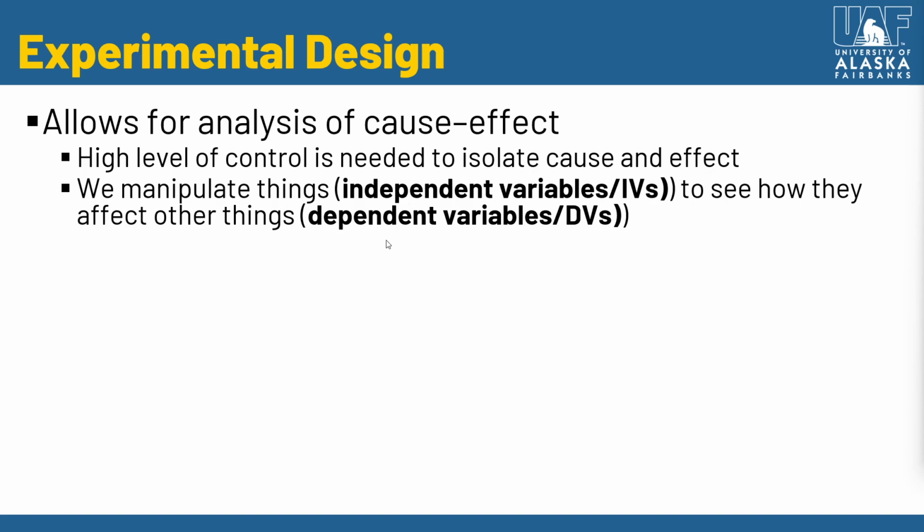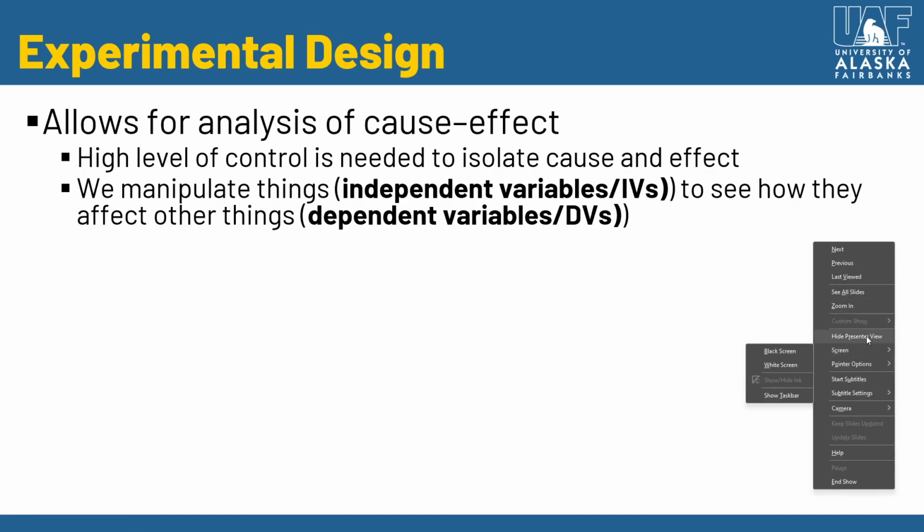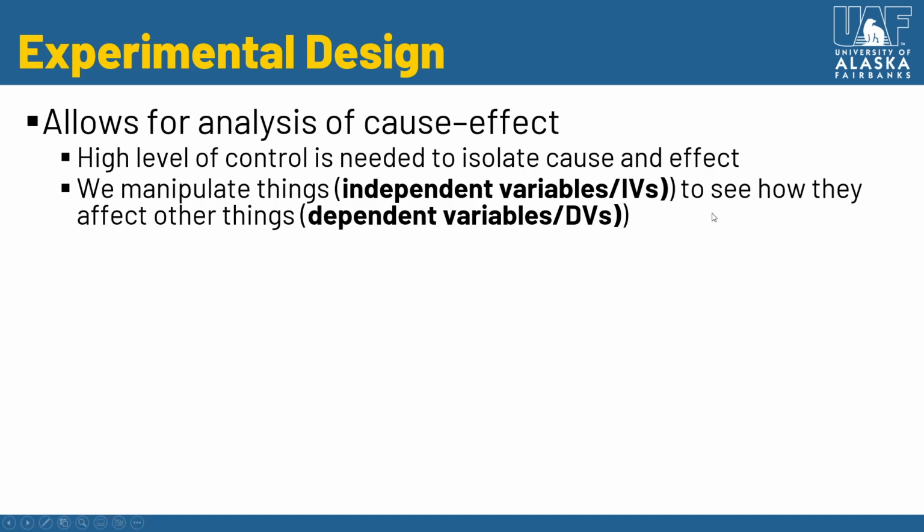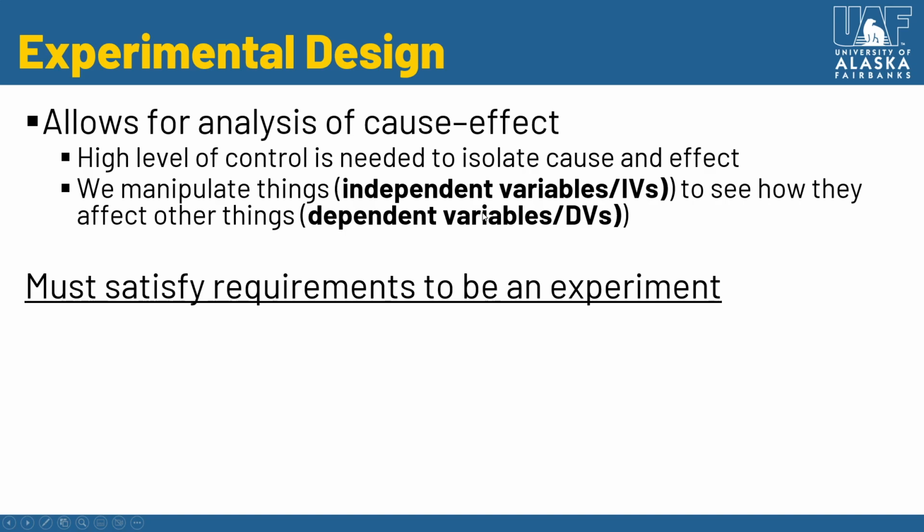One way to keep those separate in your head is that dependent variables depend on the independent variable, right? So say, for example, I want to see how melatonin affects sleep. I want to see if sleep depends on melatonin, the independent variable, or if quality of sleep depends on melatonin.